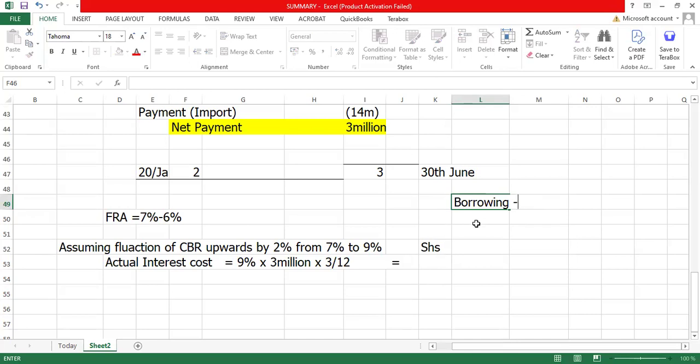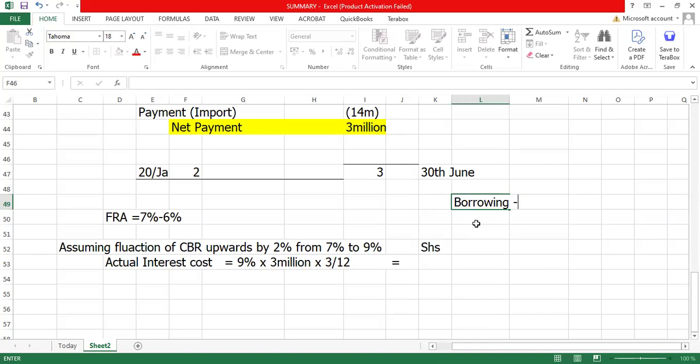You enter into this transaction to mitigate the future increase in what? The increase in the interest rate. You as a borrower enter into this agreement to minimize an increase in interest rate.